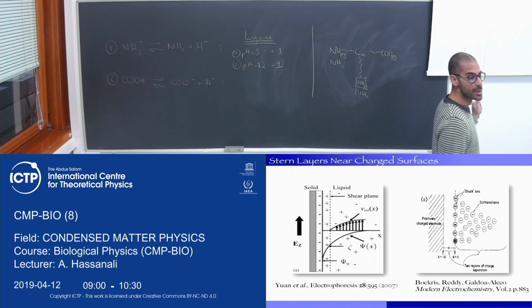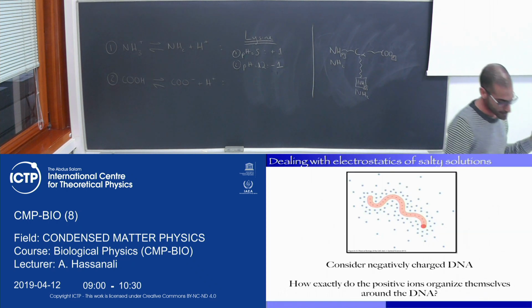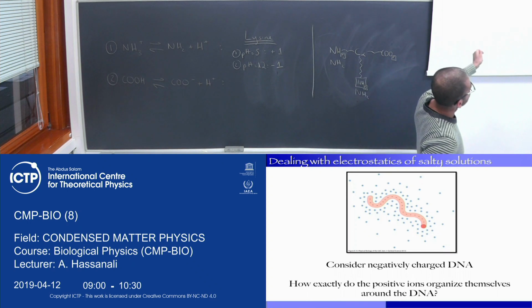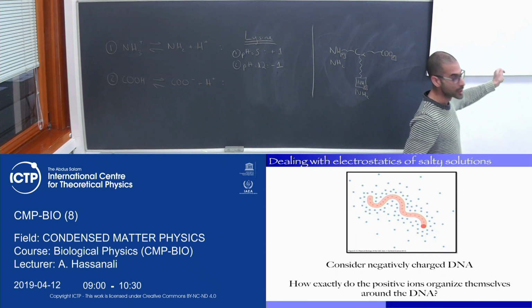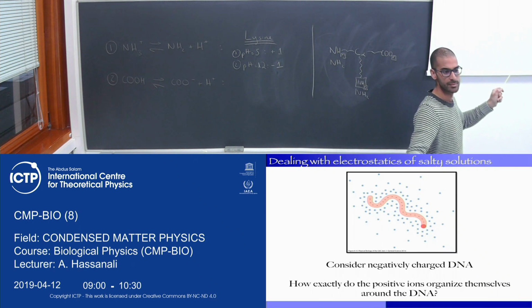In solid liquid interfaces, these are not rough, they're not amorphous, they're not soft matter systems. The solid doesn't fluctuate, it doesn't respond to the liquid. For the things that we're interested in, the solute or the charged material is a DNA or a protein. And so, for example, I have a negatively charged DNA, and if I have a negatively charged DNA, well, I'm going to attract counterions. And in the case of DNA, these are magnesium ions typically in the cell.